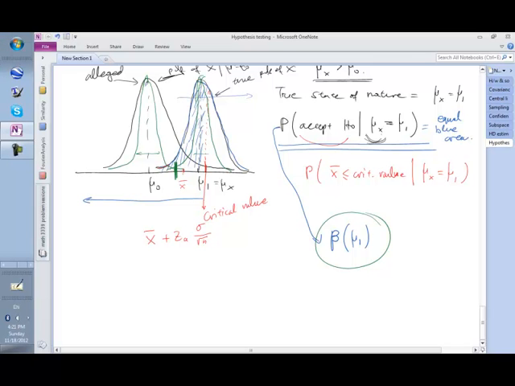So when the mean of x is equal to mu sub 1, if you want to hedge against the type 2 error, then the only way you can reduce it, for values of the true mean which are close to mu sub 0, is to increase the sample size.